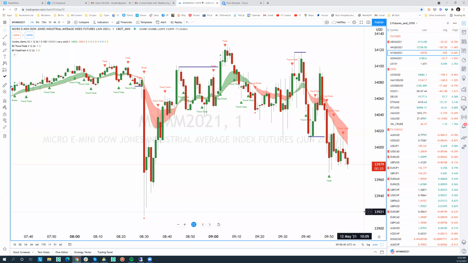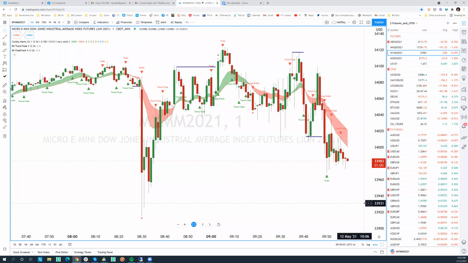Next candle lower would set us up for a fade move, for just a pure bottom dip move. But we need to see lower lows here. Let's see if that happens.